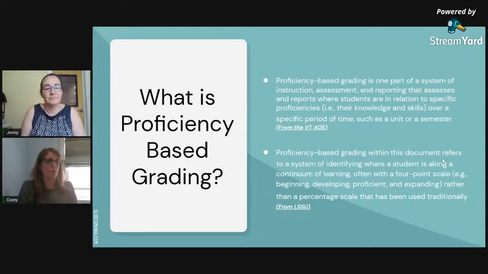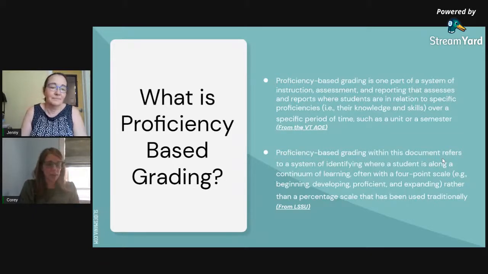The AOE talks about proficiency-based grading as part of a system of instruction, assessment, and reporting that assesses and reports where students are in relation to specific proficiencies. So you're thinking about your content area standards, as well as transferable skills. We can't forget those. And looking at that over a specific period of time, it might be over a unit or a semester if you're a middle or high school teacher.